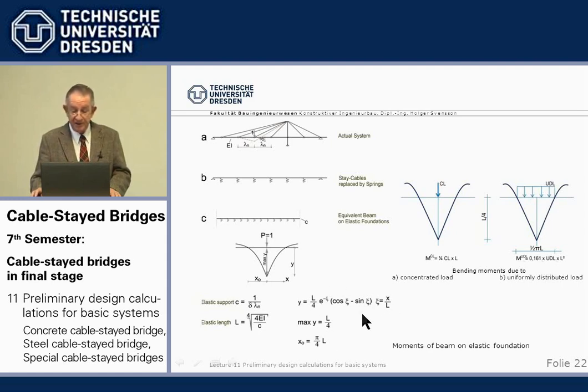If we integrate this strange thing, then we come to this 0.161. That's as simple as that. Times uniformly distributed load times this characteristic length squared. So, in order to calculate these moments, we have to calculate the elastic length L.